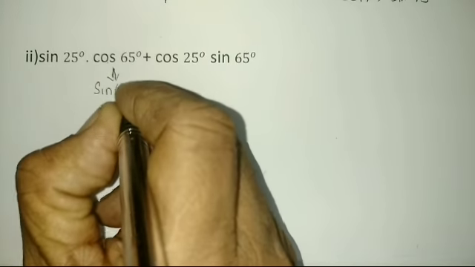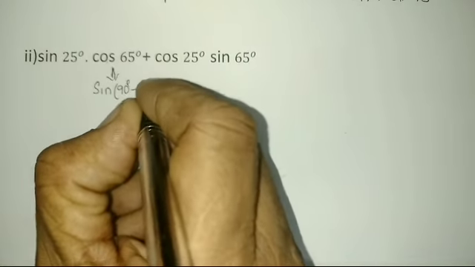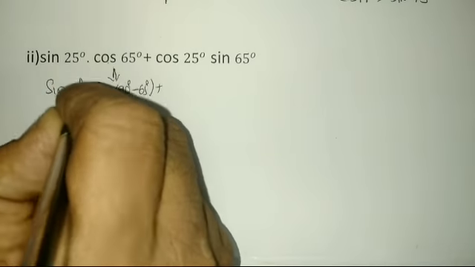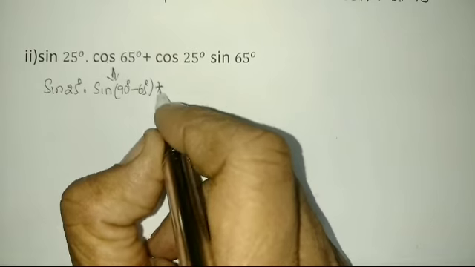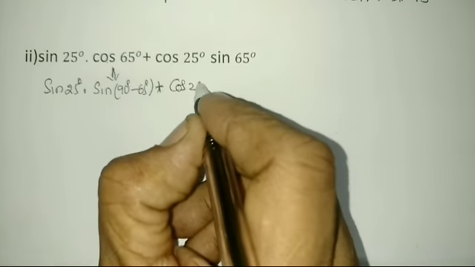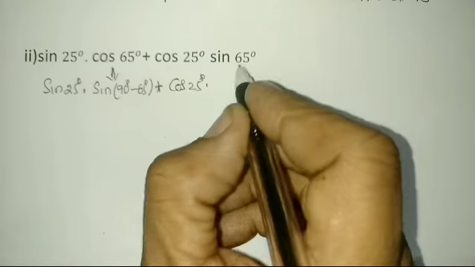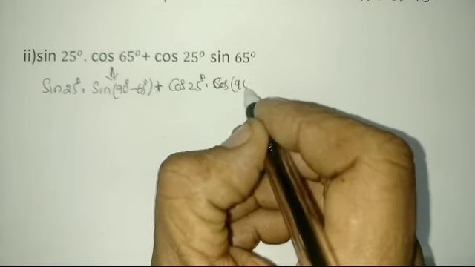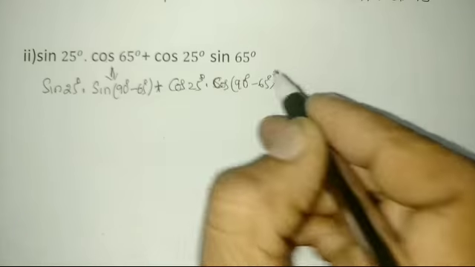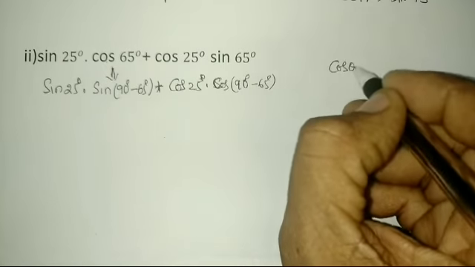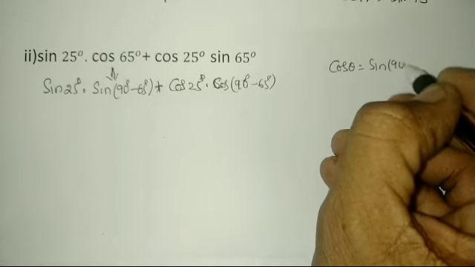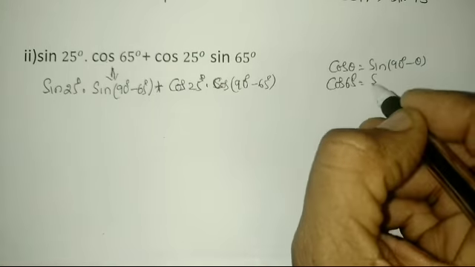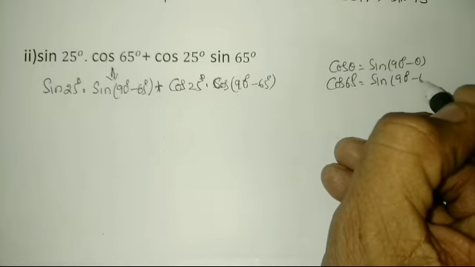Sin 90 minus 65, and write sin 25 as it is, plus cos 25 into sin 65 can be written as cos 90 minus 65, because cos theta equal to sin 90 minus theta, cos 65 equal to sin 90 minus 65.